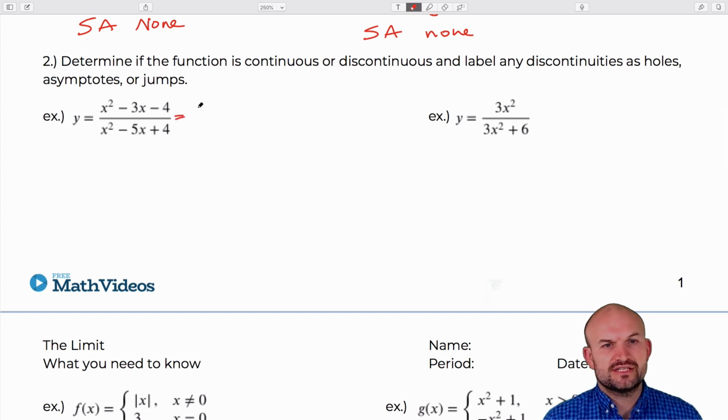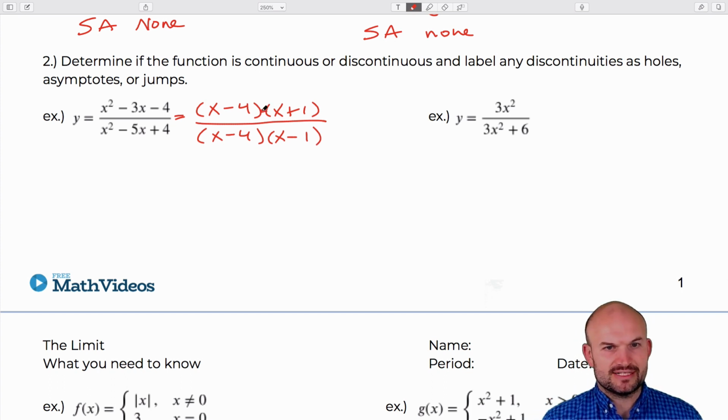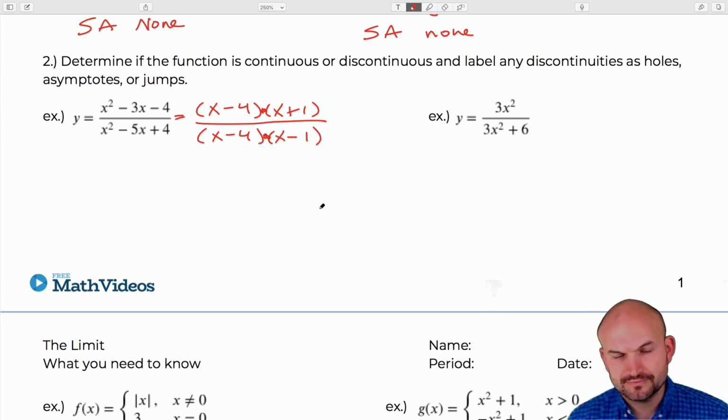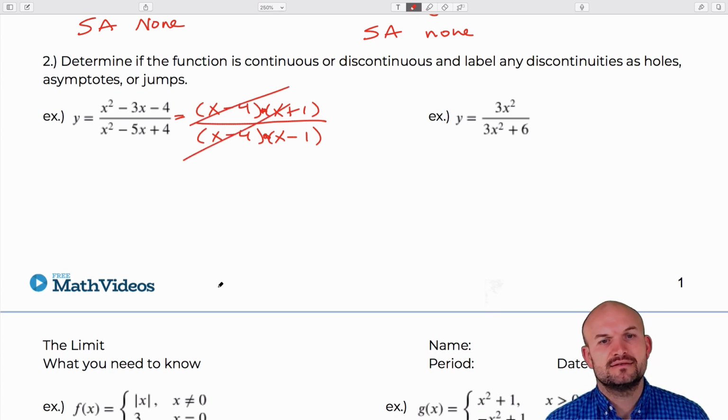All right, so let's look at this first one here. So this one's going to be x minus 4 times x plus 1 all over x minus 4 times x minus 1. Now again, what I did by factoring is I rewrote this as a product. So now that it's written as a product, I can divide out terms that are exactly the same, right?